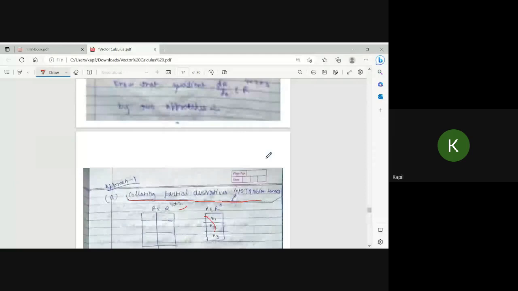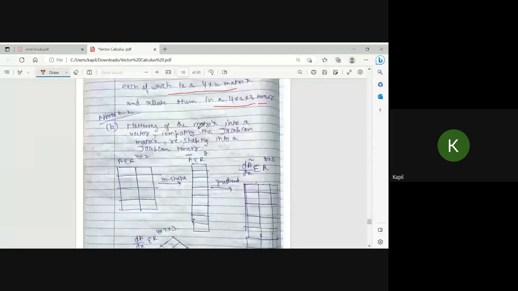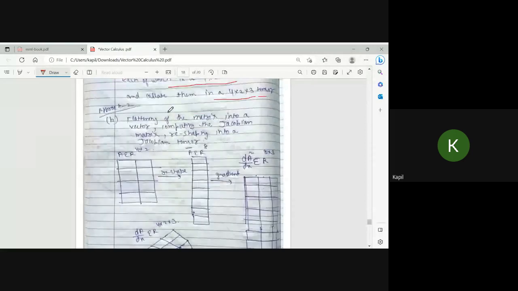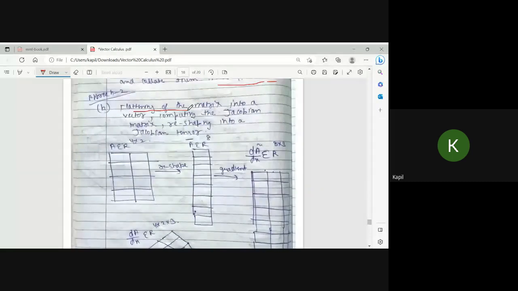Now let us move towards approach number 2 of finding the gradient of this matrix. Approach number 2 tells us the first step is flattening the matrix into a vector. After that, computing the Jacobian matrix and reshaping into a Jacobian tensor. Let us see how.